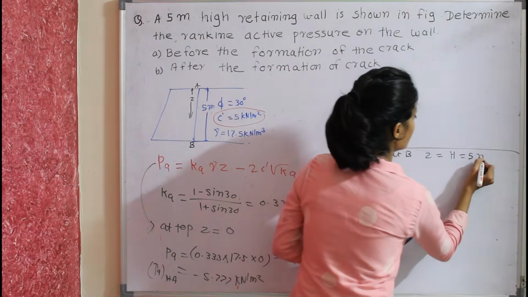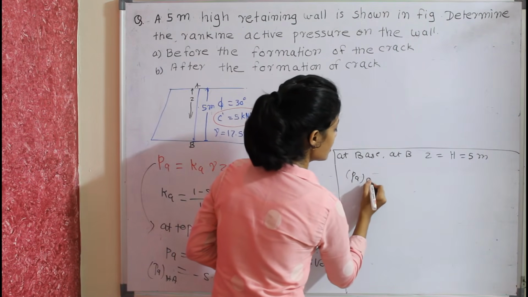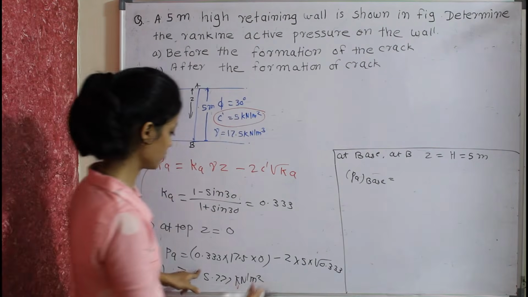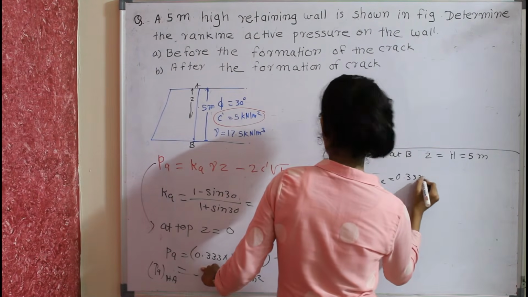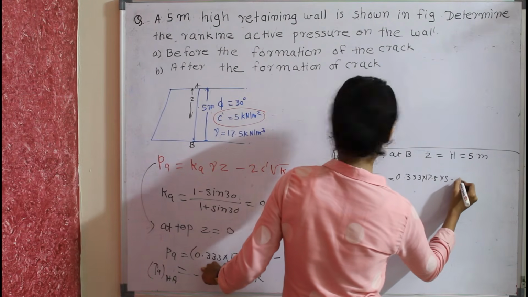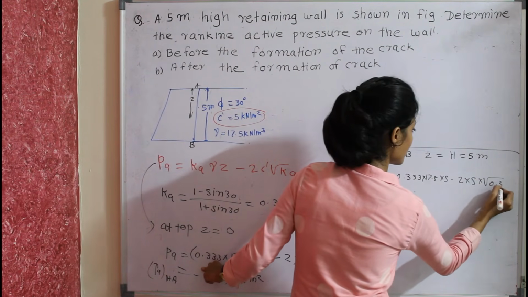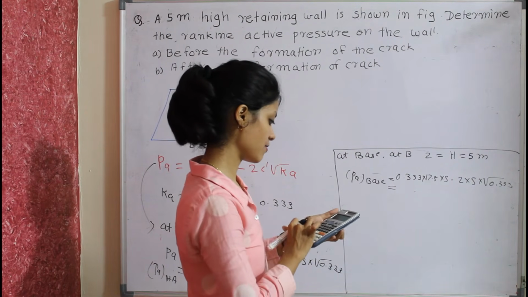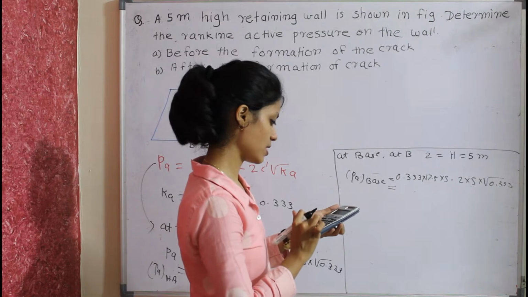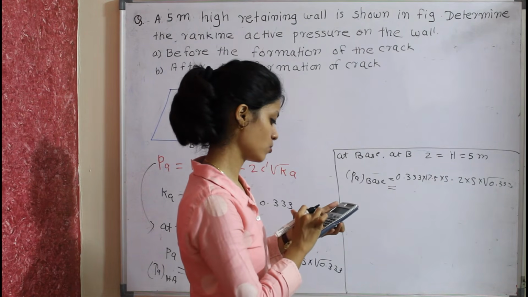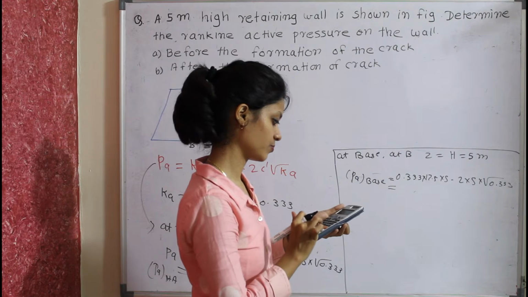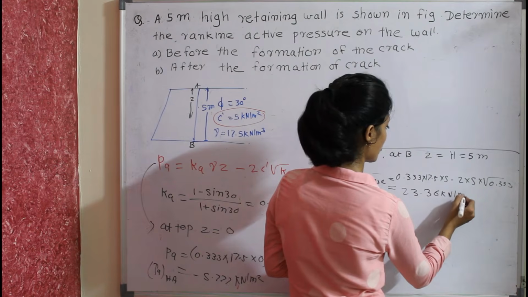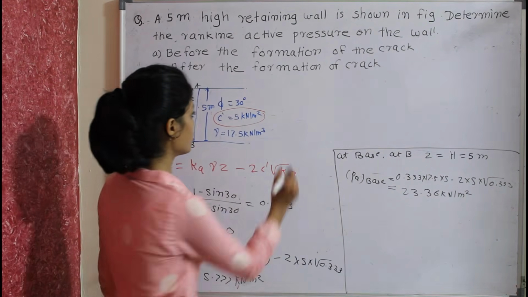Therefore Pa at base equals 0.333 into 17.5 into 5 minus 2 into 5 into root of 0.333, which is 23.36 kilonewton per meter square at base.